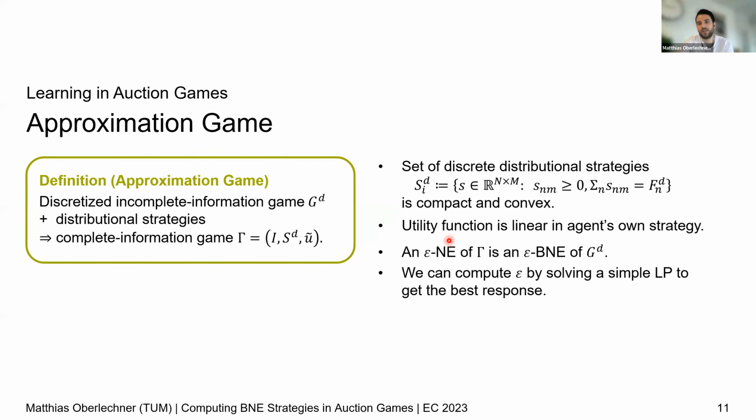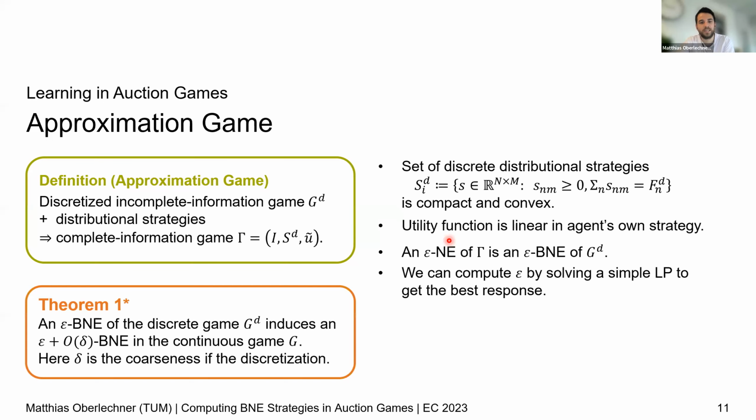But now what we want to know is, well, if we have some approximate Nash equilibrium in the approximation game or in the discretized auction game, does this tell us anything about an equilibrium in the original continuous auction game? And this is our main theoretical result. So we could show that an epsilon-Bayes-Nash equilibrium of the discretized auction game induces an approximate Bayes-Nash equilibrium in the original continuous auction game.